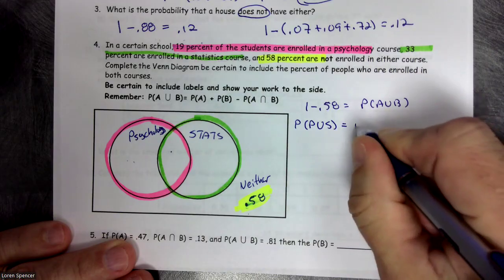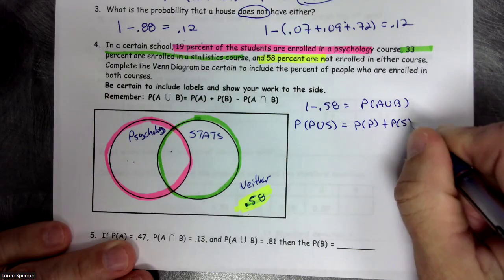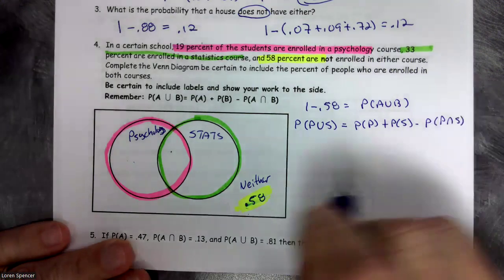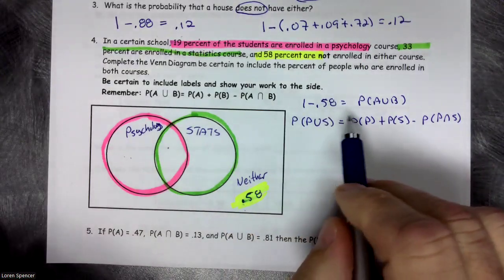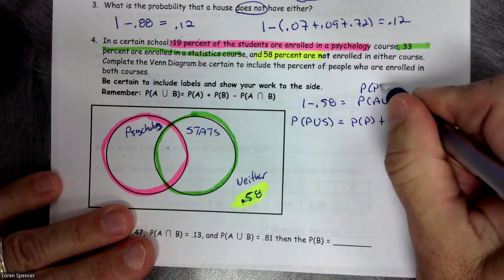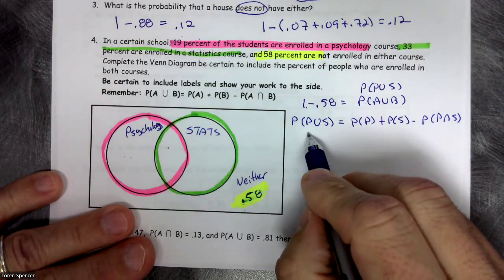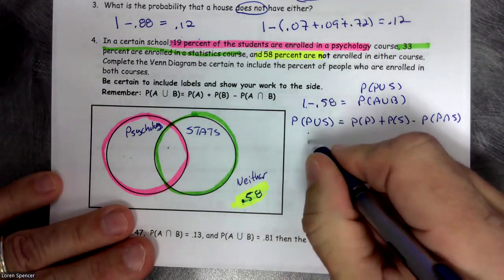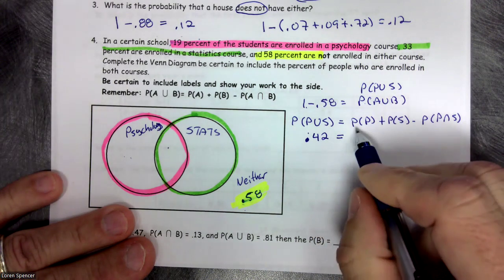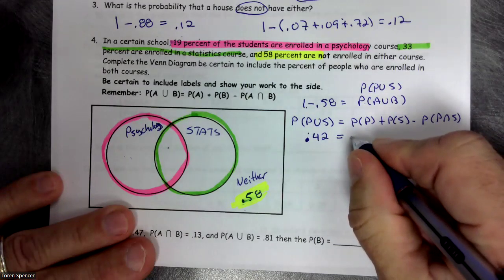Okay, so 1 minus 0.58 gives me this. So this right here is 0.42. Well, that means the probability of psychology is 0.19, the probability of stats is 0.33, minus we don't know what the intersection is, the probability of psych and stats.